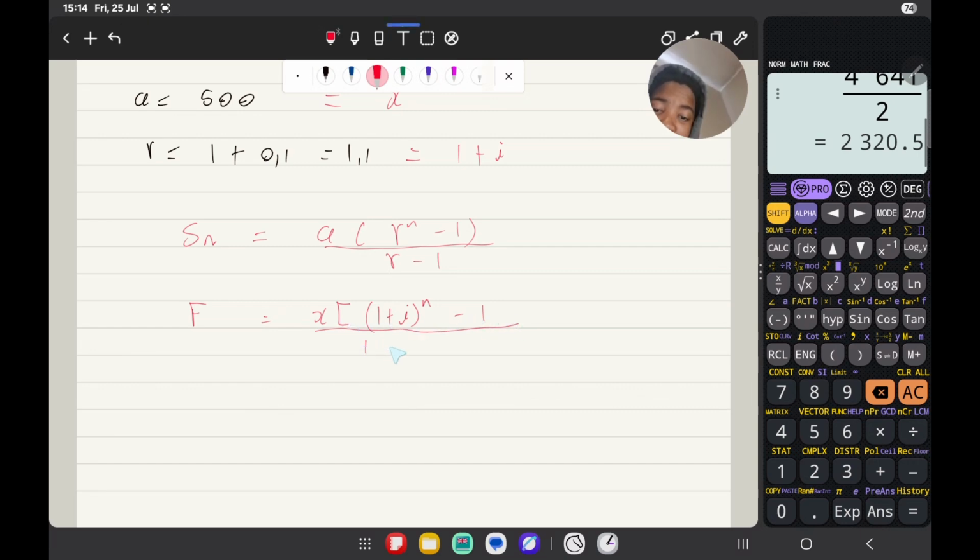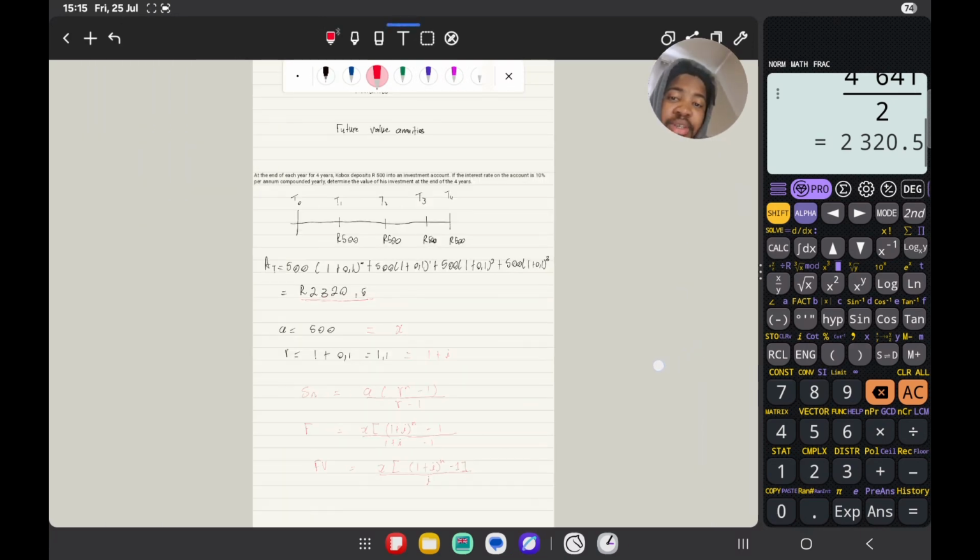On this side you're going to have 1 plus I, minus 1, so therefore X into 1 plus I to the n minus 1, and on this side you're going to have I, because when we remove the brackets, 1 subtracts 1 and you are left with I. In short, this will be the formula that we will use: F, or FV for future value, because this is a future value annuity and we have just derived the formula we're going to use for our calculations. So that being said, let's go see what examples we have.